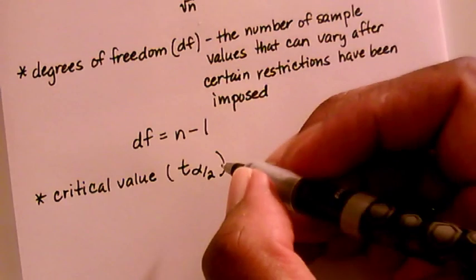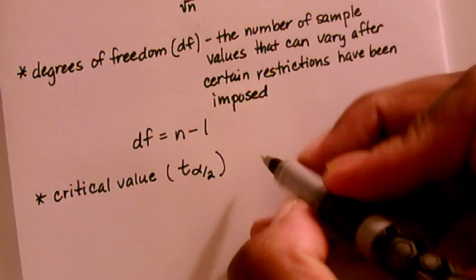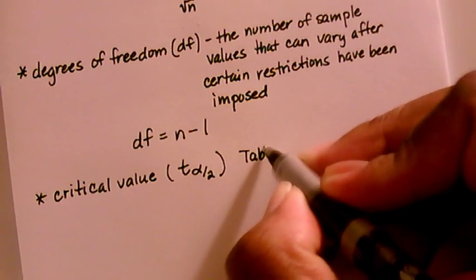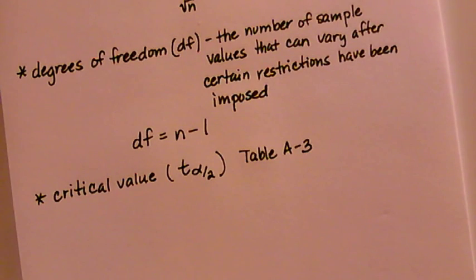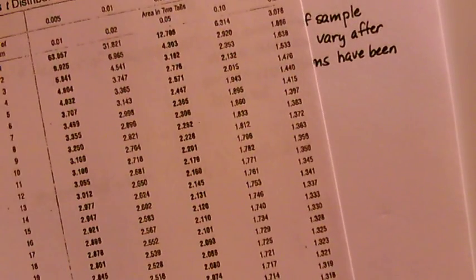And we can find this using, for those of you who are taking my class, table A-3, or for those of you who are just watching this, the table of t-distribution critical values.